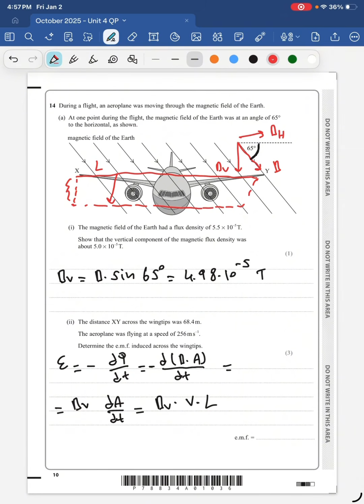If we call that y, I hope I'm not confusing you. So this is the length L, this is, let's call it y, and this is the area of the rectangle, pretty much.